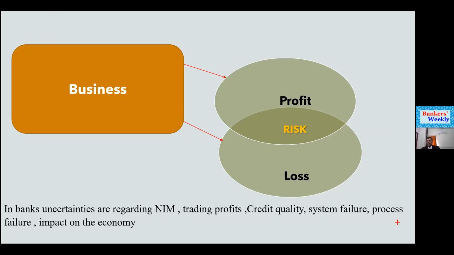But as far as financial risks are concerned, there are uncertainties: either incurring a loss, a reduction in the profit, or a shortage in liquidity. So when you take profit and loss, the uncertainty will impact the reduction of the profit or the incurring of the loss. This is called the risk.